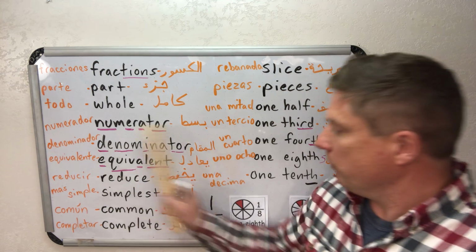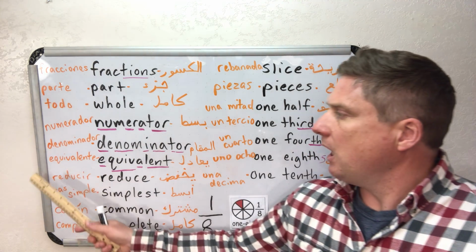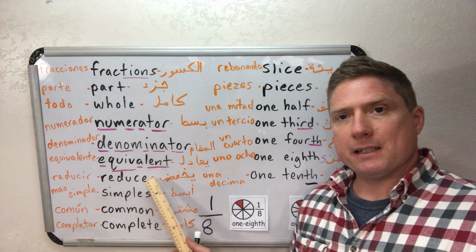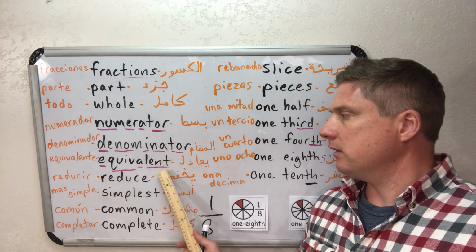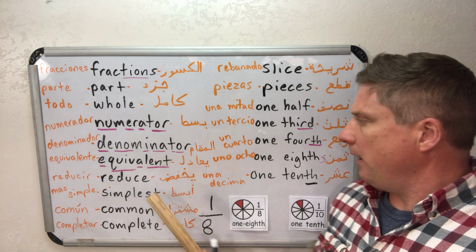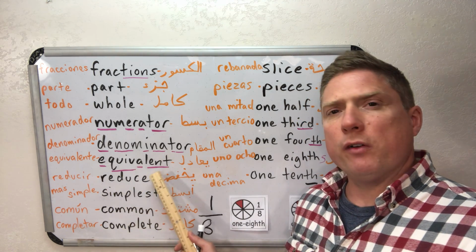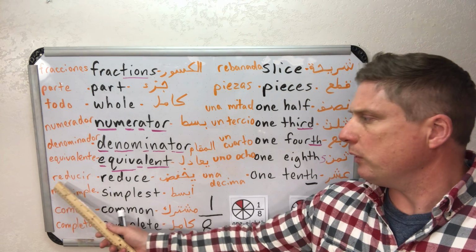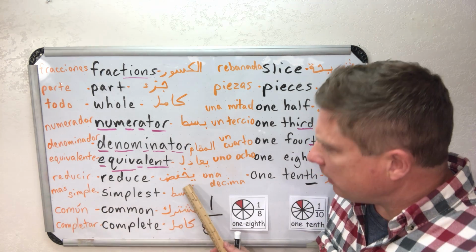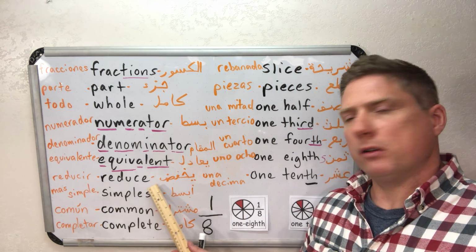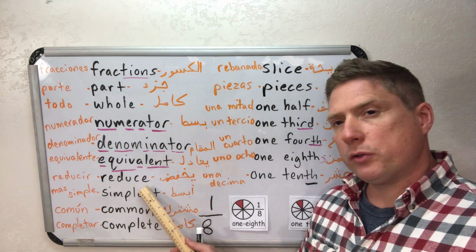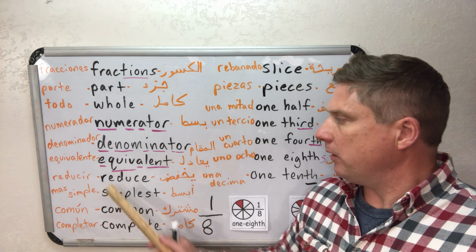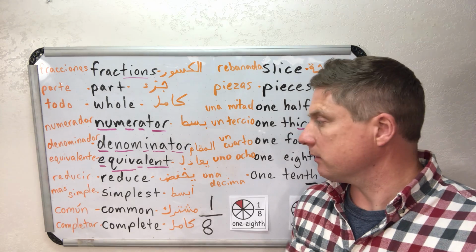Okay, so numerator, denominator, equivalente, يعادل, equivalent, equivalent. Equivalent is another word for يساوي, or equals, okay? Reducir, يخفض, reduce, or يقلل, reduce. We will learn to reduce fractions and find equivalent fractions.